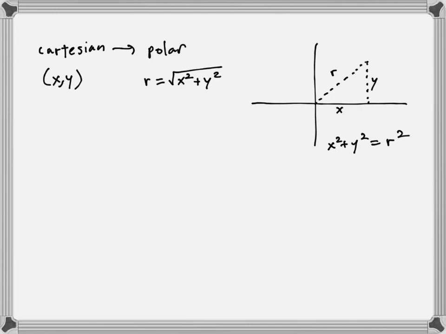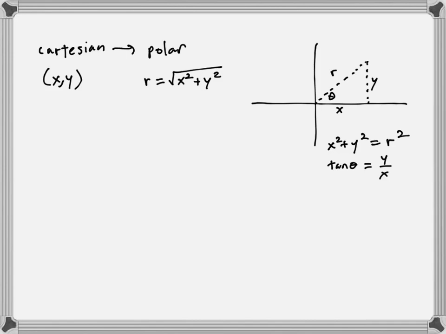Now, of course, this will give you the positive r. If you want the negative r, then just make it negative, okay? But usually, the positive r just makes things more straightforward if we stick with that. Now, what about theta? Well, we know that tan theta is equal to y over x, right?